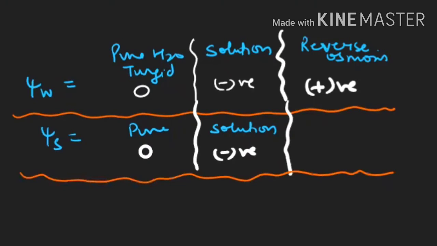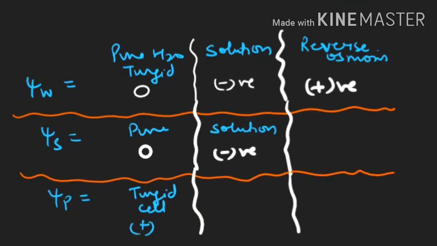Then in case of the pressure potential, first of all, we will not use the word pure here, because pressure potential will be in case of the turgid cell. See, I'm writing here where it will be plus: it will be in the turgid cell. The value will be maximum, it will be in the plus.